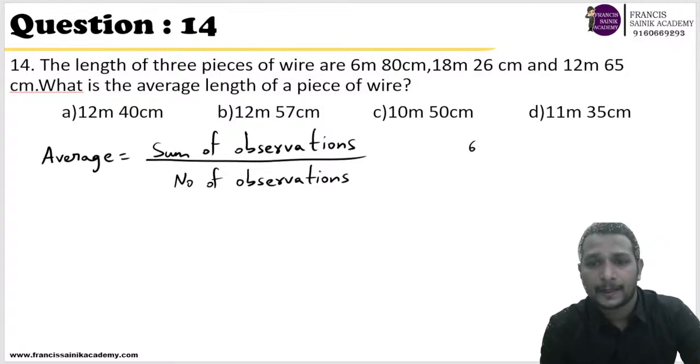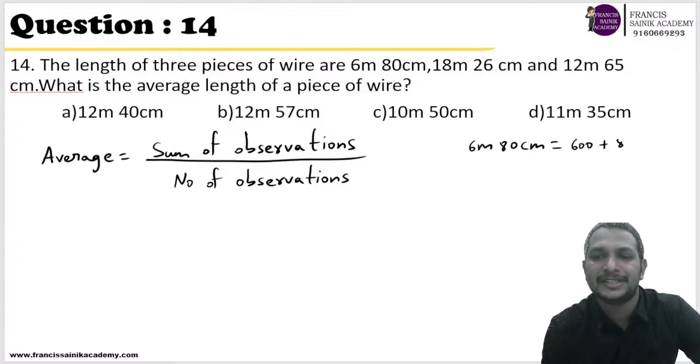All are not in one unit. First, 6 meter 80 centimeters: I want to convert it into centimeters. 1 meter is 100 centimeters, so it is 680 centimeters.